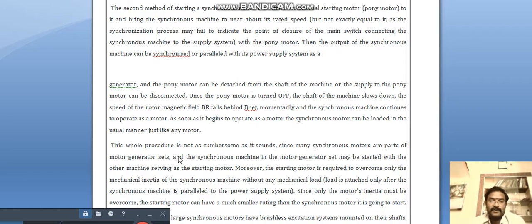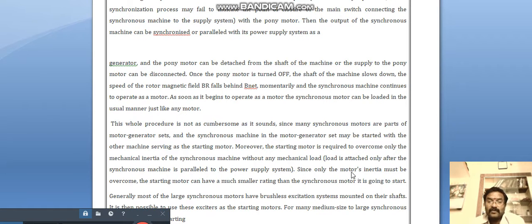This whole process is not as cumbersome as it sounds, since many synchronous motors are part of motor-generator sets, and the synchronous machine in the motor-generator set may be started with the other machine serving as a starting motor. Moreover, the starting motor is required to overcome only the inertia of the synchronous machine without any mechanical load.